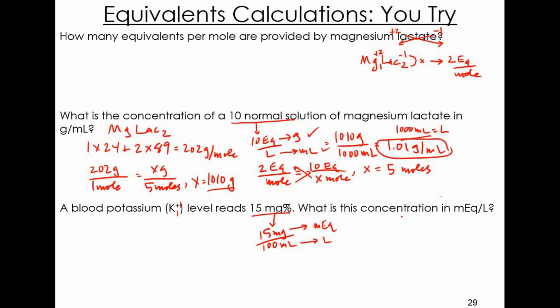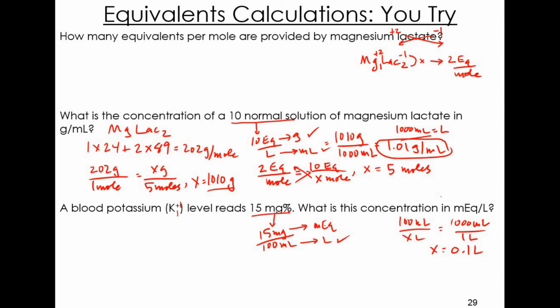We can do the volume first. How many liters if there's 1,000 mils per liter, and X should equal 0.1 liter. Okay, so we've got the bottom taken care of. And then for the top, we need to kind of reverse what we did up here, the second problem, go from milligrams into millimoles.